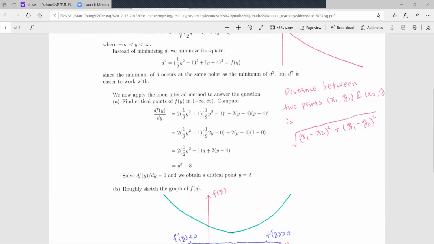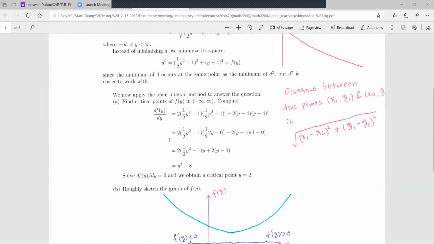And I also use the chain rule to compute the derivative of the second term. Then I get this. 1/2 times y squared minus 1, take the derivative with respect to y. Then I get this. And similarly, y minus 4, the derivative with respect to y is 1 minus 0. Now, simplify this expression, then we get this.